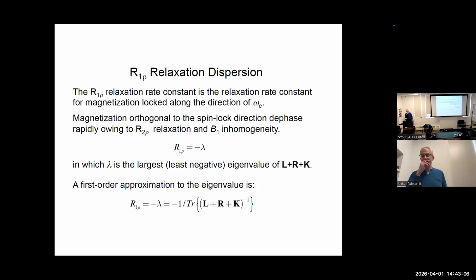And here's one approximation. This came later, this wasn't how we did it originally, but one approximation is that the eigenvalue we're looking for is the inverse of the trace of the inverse matrix. And now we can easily calculate. For a six-dimensional matrix, we can calculate the inverse easily enough, and then calculate its trace, and then take the reciprocal.